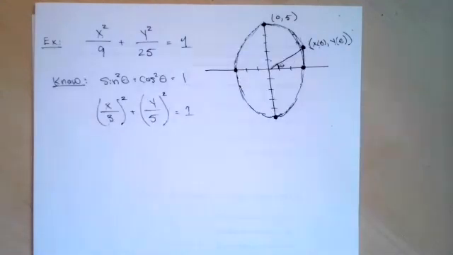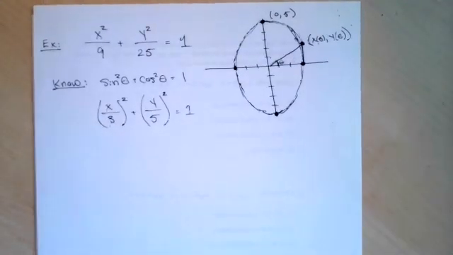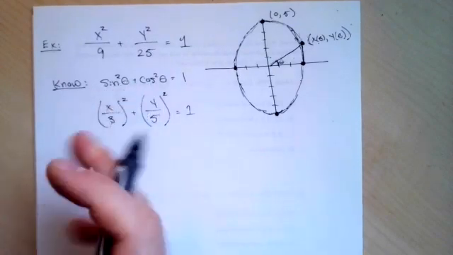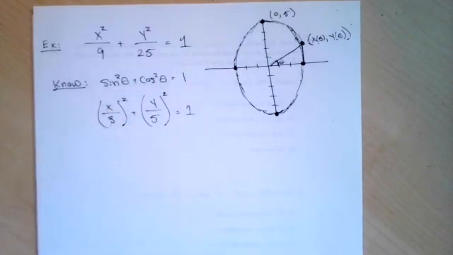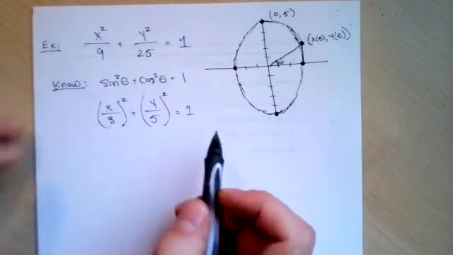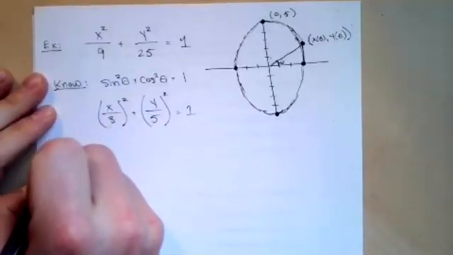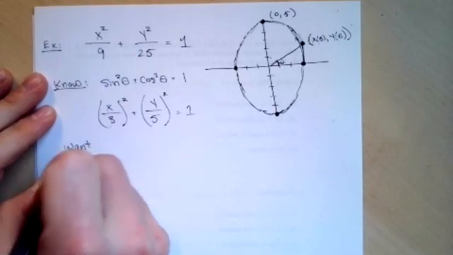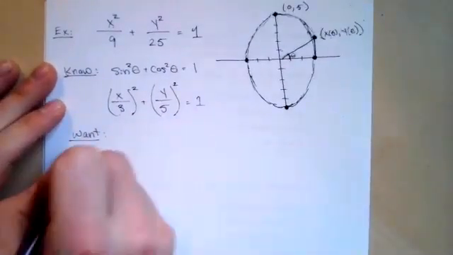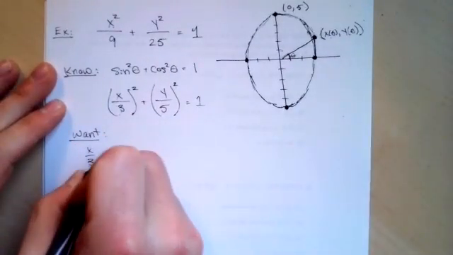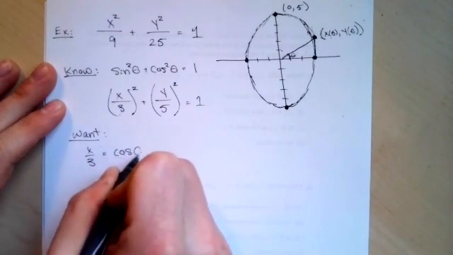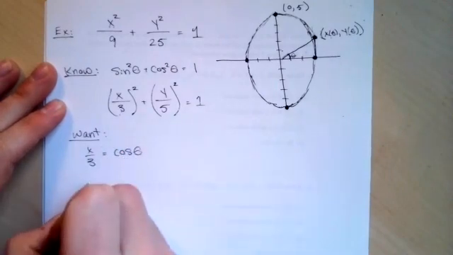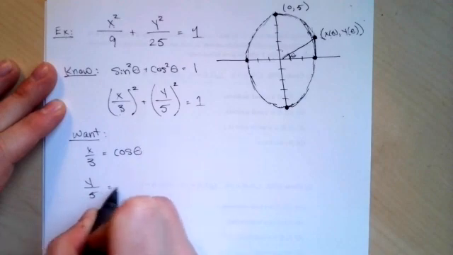And just as we saw with circles, there are many different parametrizations. I actually put maybe the sine and cosine a little bit out of order, but it doesn't matter. So there's going to be several parametrizations. So what do we want if we want to use this Pythagorean identity? Well, we can make x over 3 equal to cosine theta, and then y over 5 equal to sine theta.